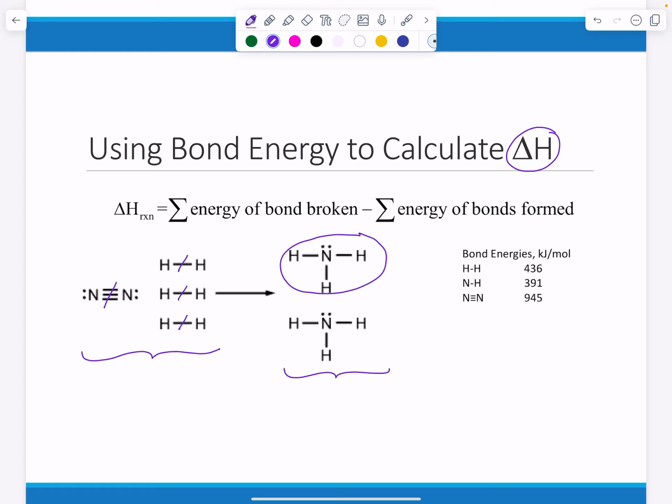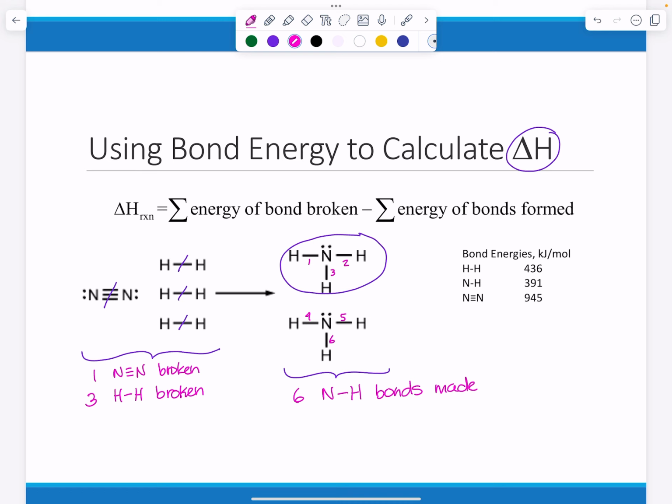And we're making 1, 2, 3, 4, 5, 6 NH bonds. So 6 NH bonds made, and then we have 1 N triple bond N broken, and 3 H bonds broken.